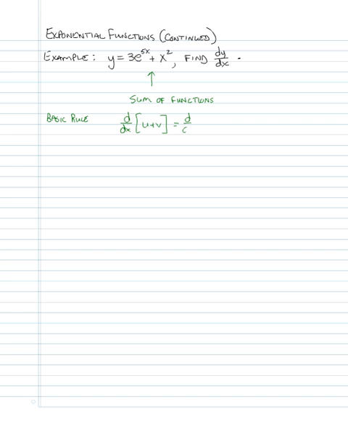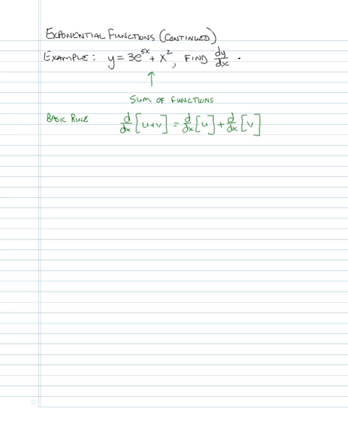Well, we simply take the derivative of each of the functions separately and add those results together. So the derivative of the sum is the sum of the respective derivatives. In this case, we have the function 3 times e to the 5x as one function, and x squared as the other function. We're adding two parts together.